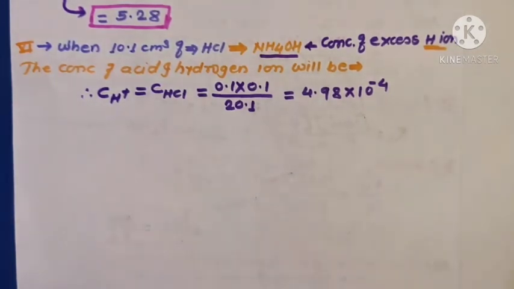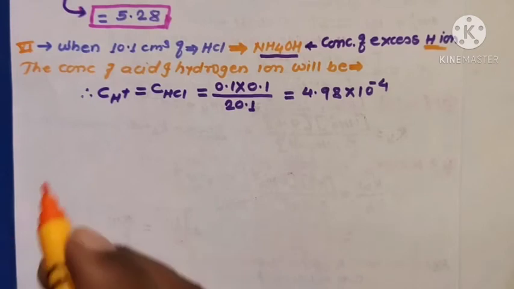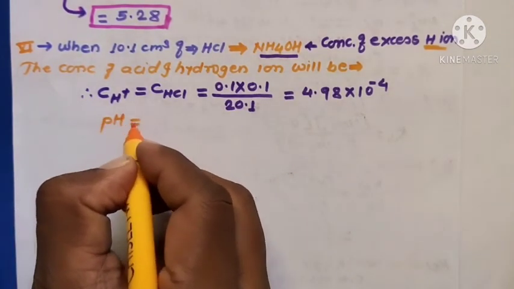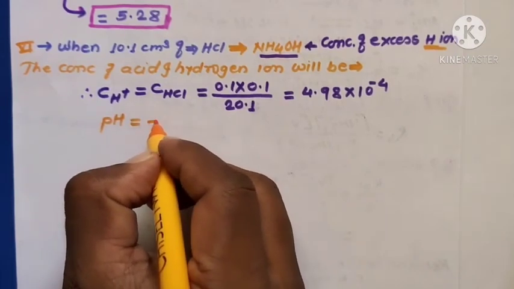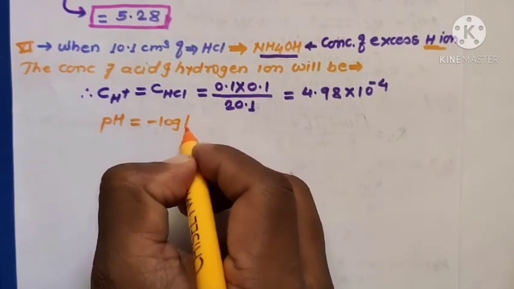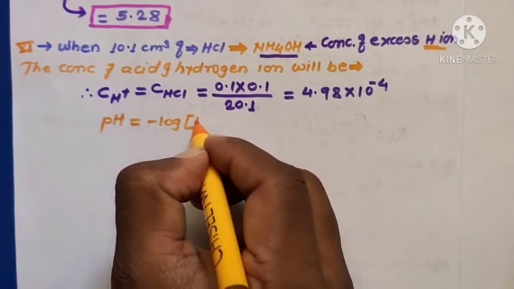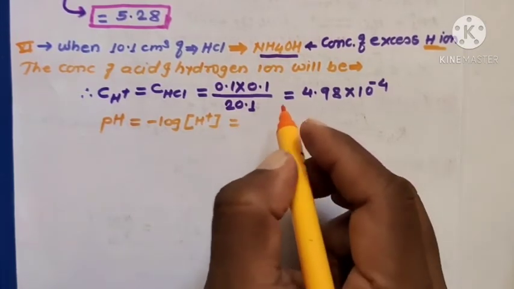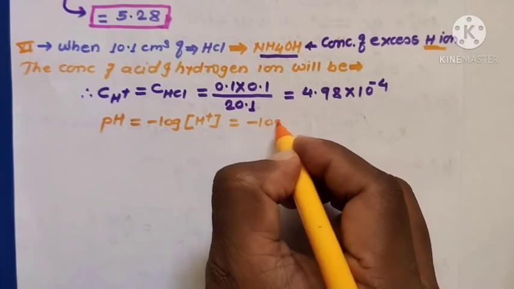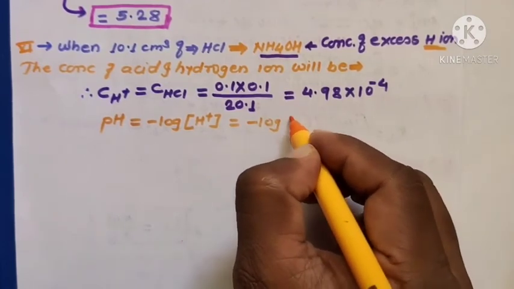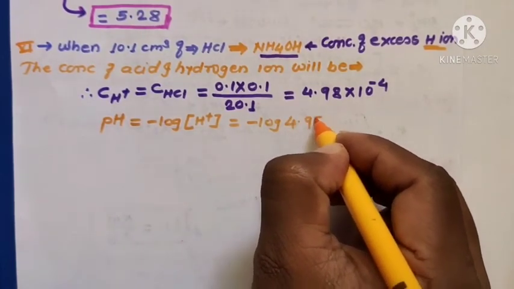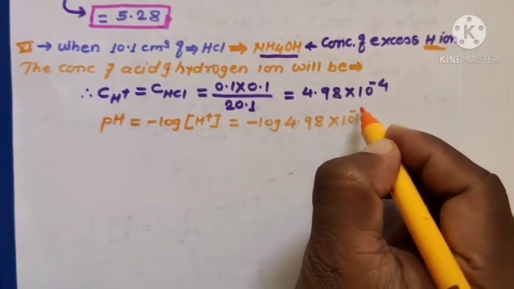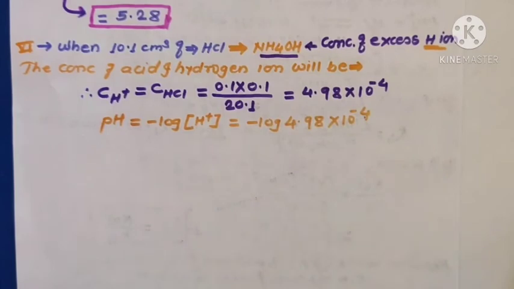Therefore the pH of the solution is equal to minus log of H plus ion concentration, which is equal to minus log of 4.98 into 10 raised to minus 4.